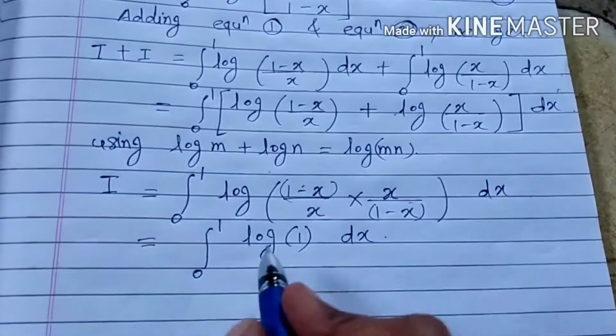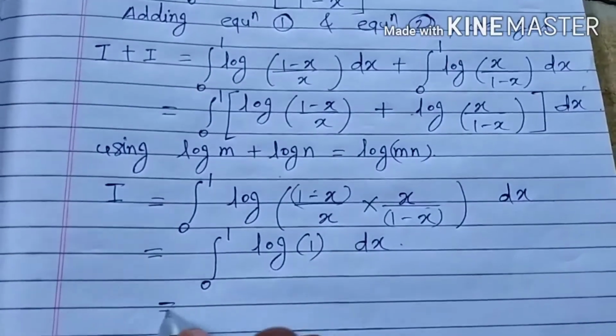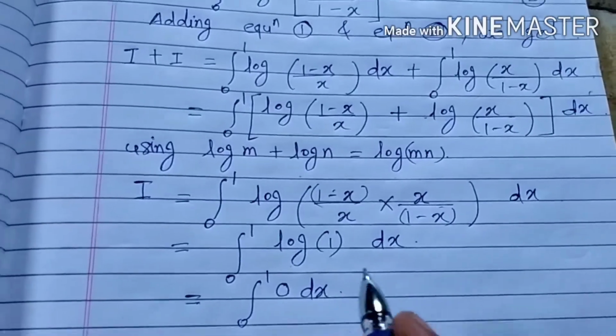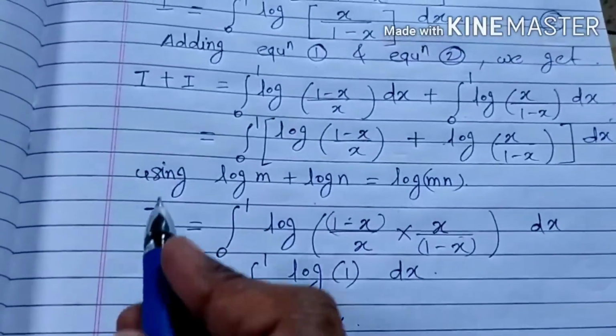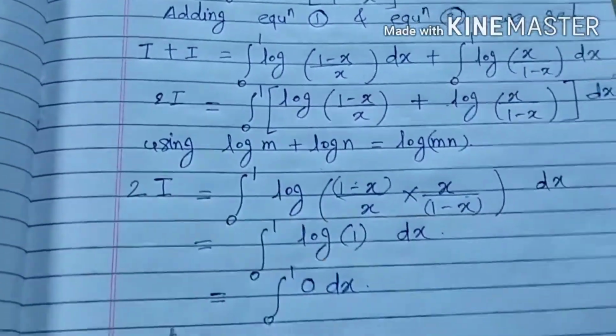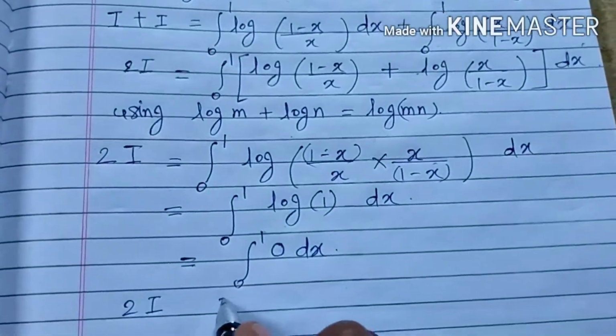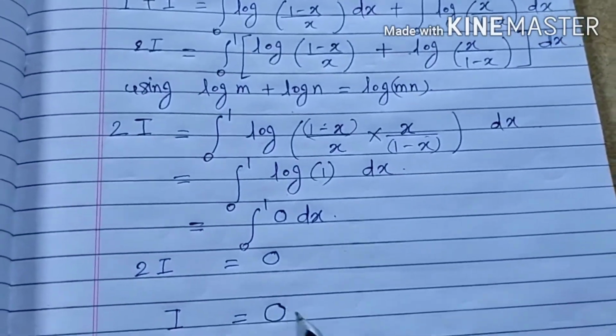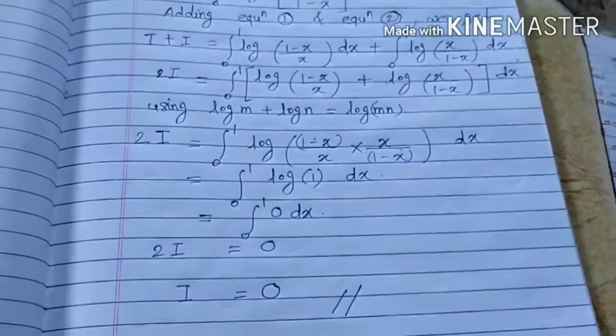We know that the value of log 1 is 0, so it is the integral from 0 to 1 of 0 dx, and that's why here I plus I is 2I, sorry, here one mistake, it is 2I, so 2I is equal to 0, that's why I is equal to 0. So this is our answer.